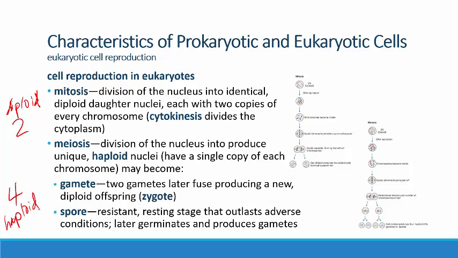So the spore then germinates and grows to produce an individual that then produces the gametes. So spores are a resting stage to outlast bad conditions, and when they germinate, they grow into usually a much smaller individual whose primary function is to produce gametes.